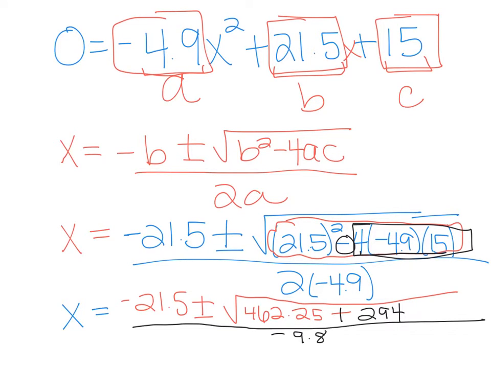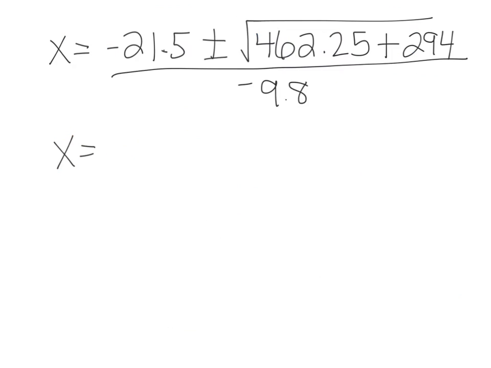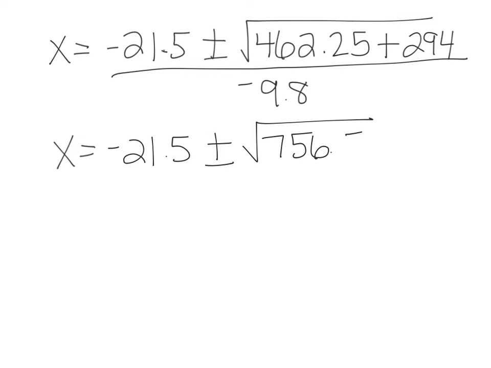Now we need to continue simplifying, and I'm running out of room here, so I'm going to move to the next slide. Alright, so continuing on from the previous slide, we have negative 21.5 plus or minus the square root of 756.5 divided by negative 9.8.